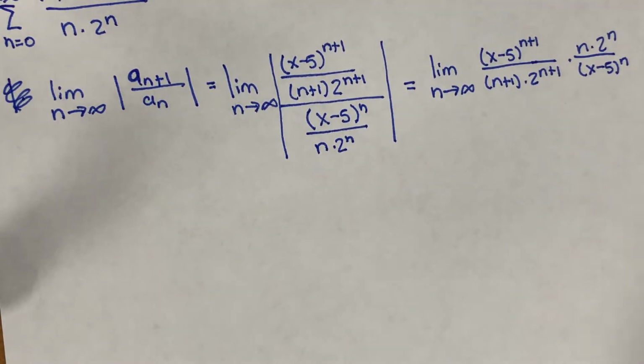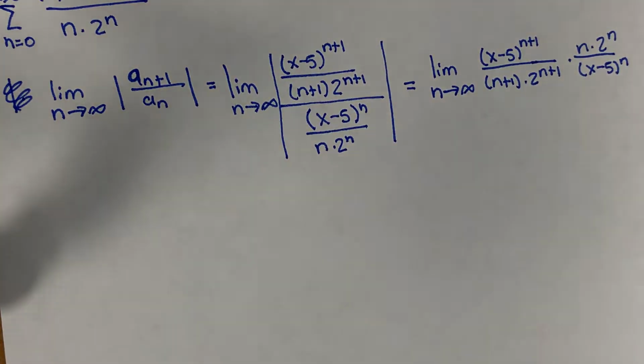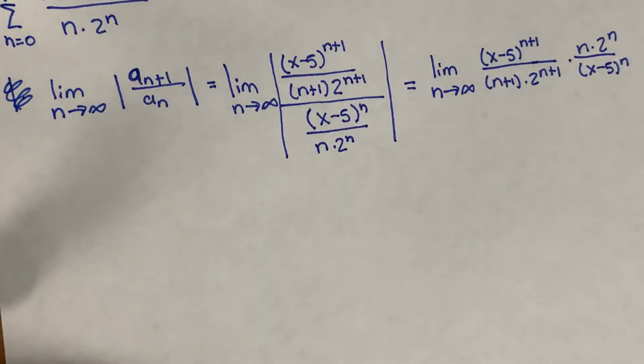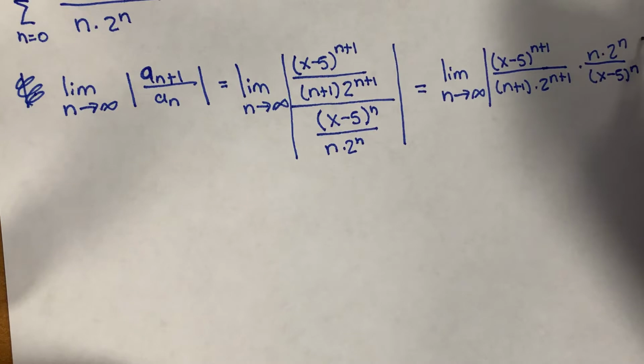And we know that doing the ratio test, this entire limit should always be less than 1 in absolute value. So this is less than 1.